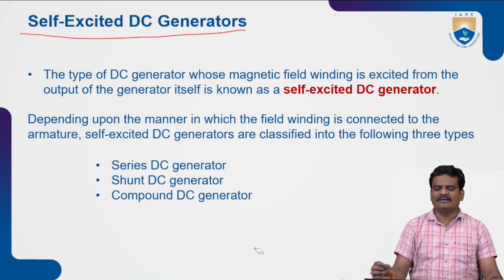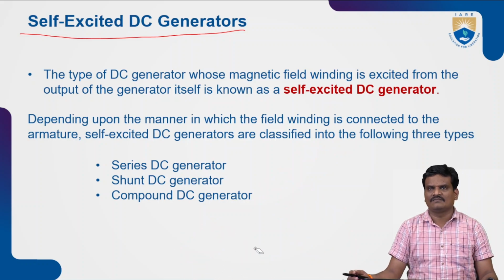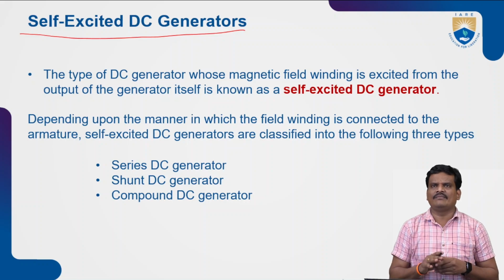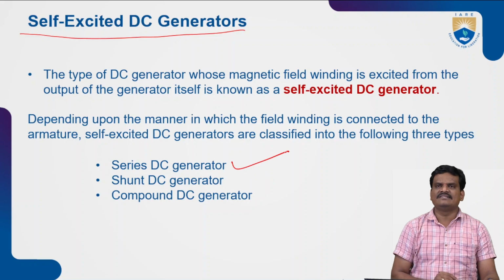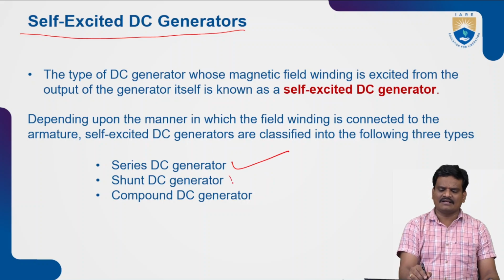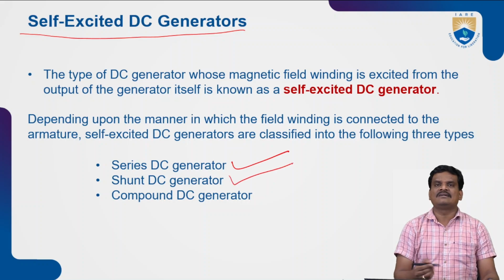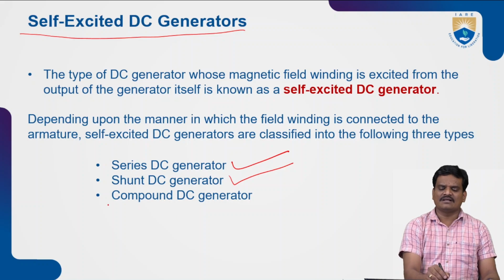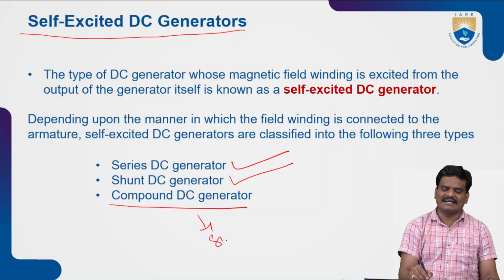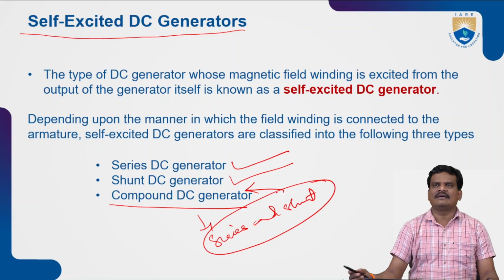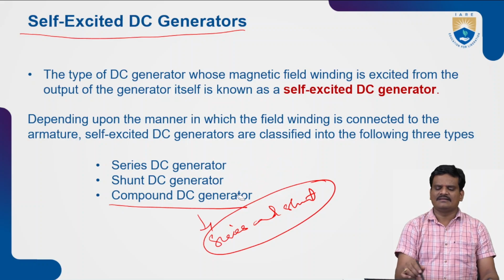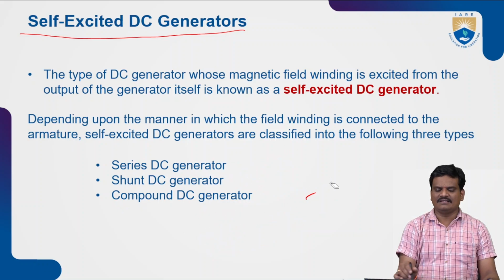Depending upon the manner in which the field winding is connected: if it is connected in series, it is called a series DC generator. If the field winding is connected in parallel, it is called a shunt DC generator. If it is a combination of both series and shunt, it is called a compound DC generator.